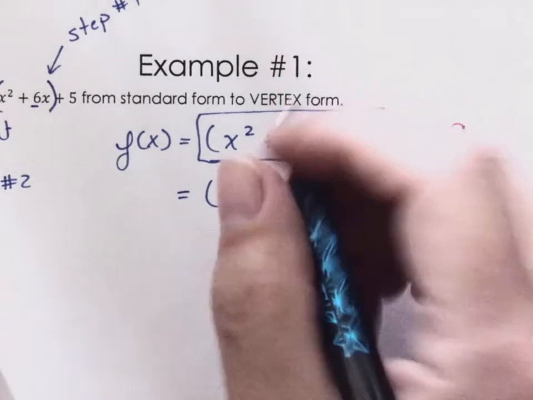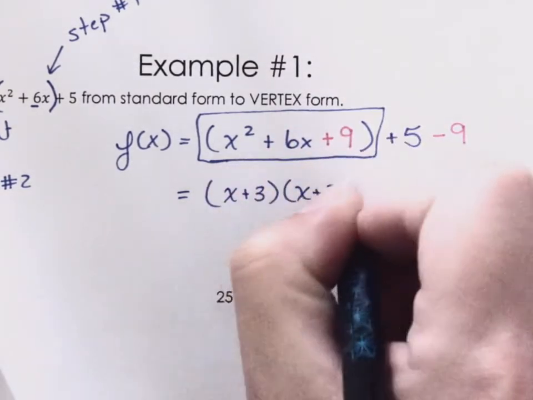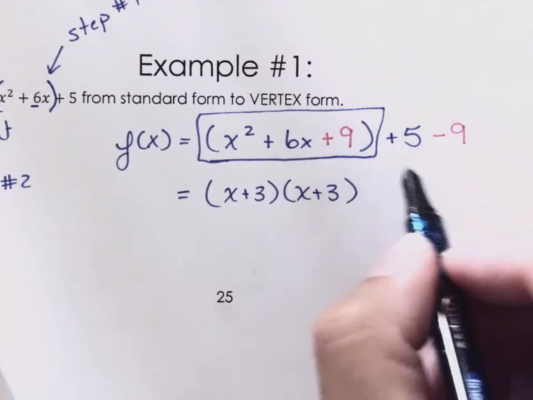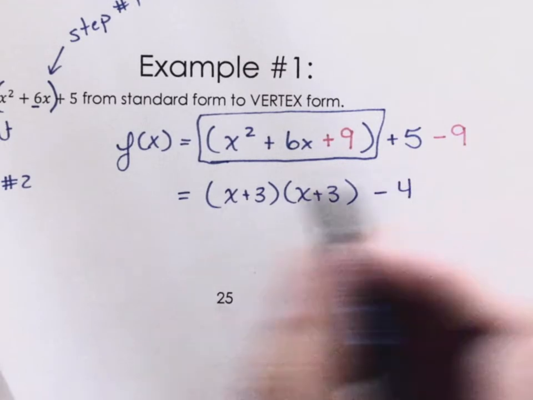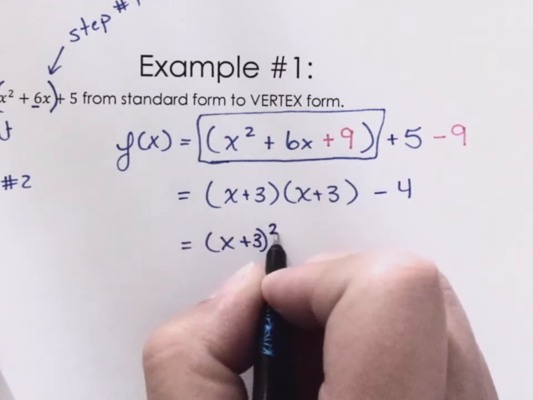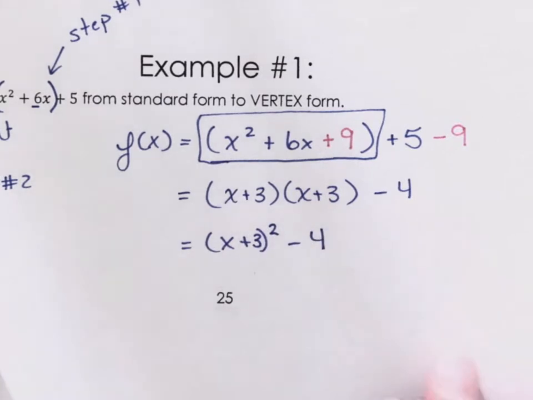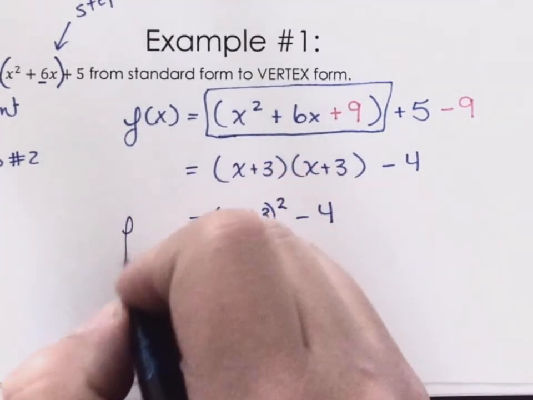So we're going to have x plus 3, x plus 3, and then if I do this math, that is minus 4. Forgot my 3 in the brackets. And there you are in vertex form.